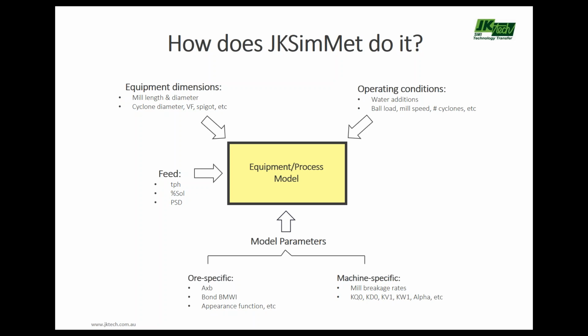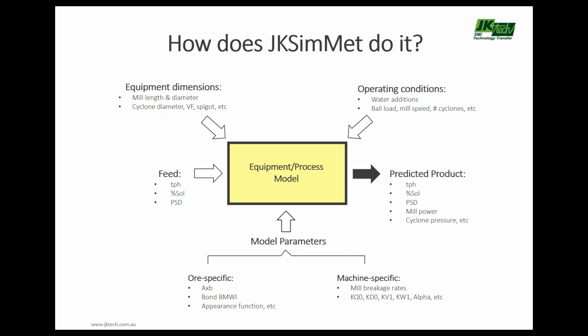Once the model has all this information, using a model fitting technique, we can calibrate the model, and the model will then be able to predict the output. Once it has all that input, the model is able to predict the product in terms of feed rate or solids tons per hour, percent solids, particle size distributions, mill powers, crusher powers, hydrocyclone pressure, those things.